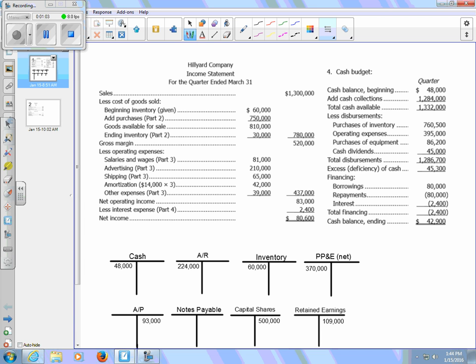There's all kinds of information in this section about how you come up with the cash budget and the income statement. There's also an example of the budgeted financial statements in Excel format for you to look at. And there's all kinds of information in the case about how to come up with the numbers.